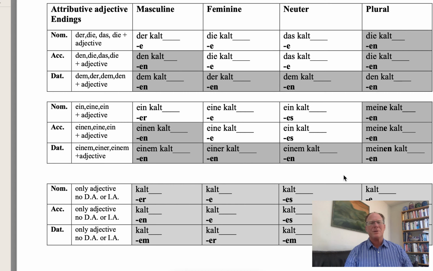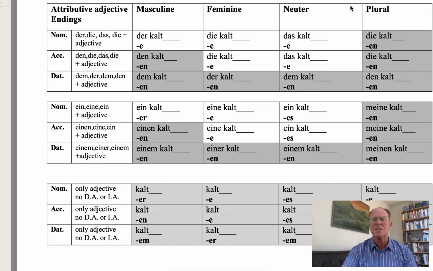Now I would like to invite you to go through the whole piece and fill in the endings here. So we have three separate tables that you will use. You will see some form in this first table, and that's always number one.